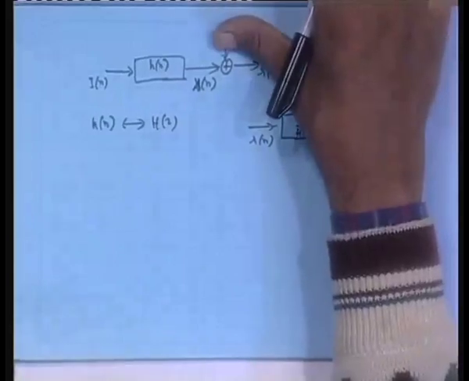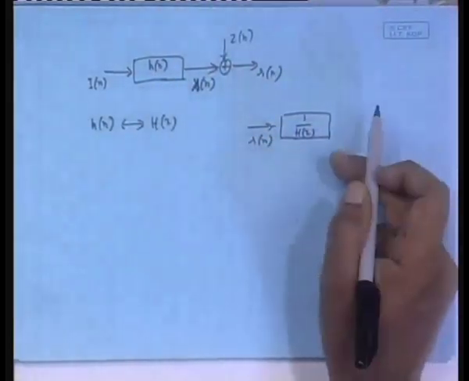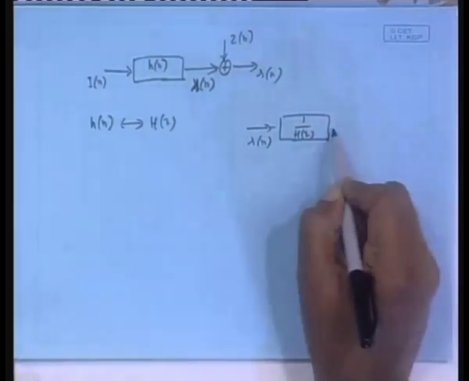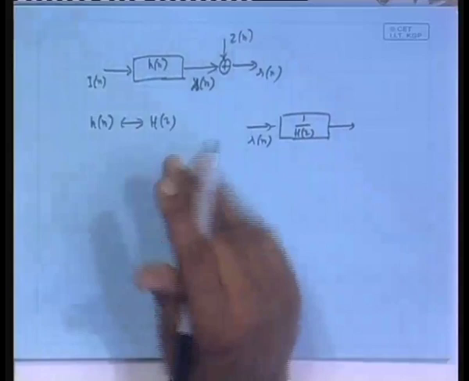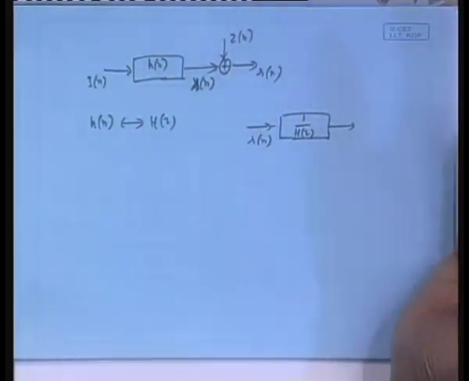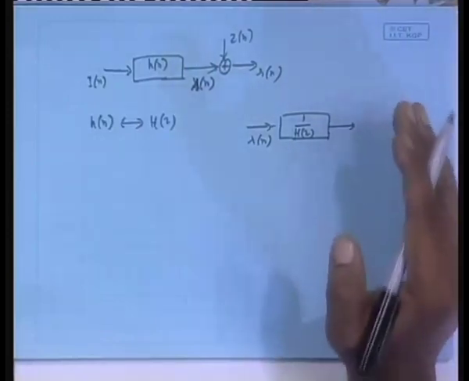Suppose Z n is not there, 1 by H z is the basic equalizer, called the linear equalizer. A linear equalizer is a linear system, but there is some problem. These are things not necessarily part of adaptive filter theory, but I am trying to convey this information to those who work in the communication area.